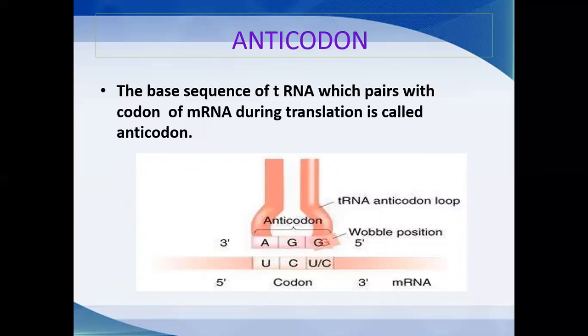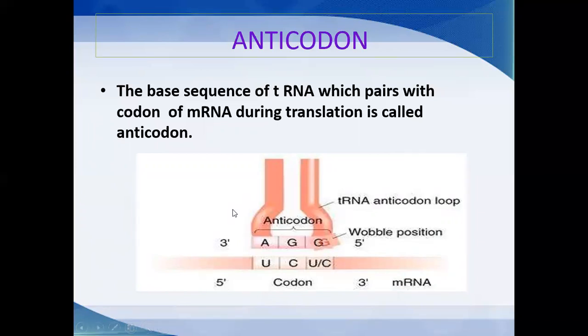Codons are written in the 5' to 3' direction, whereas anticodons are written in the 3' to 5' direction. Anticodons of some tRNA molecules pair with more than one codon, because the third base is the wobble base, or wobble position. So it can pair with different types of nitrogen bases also.